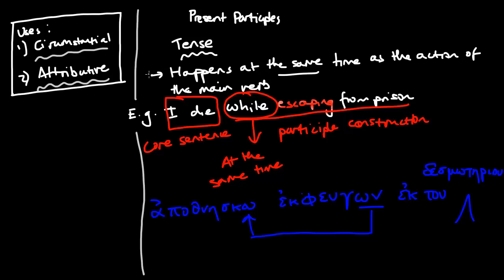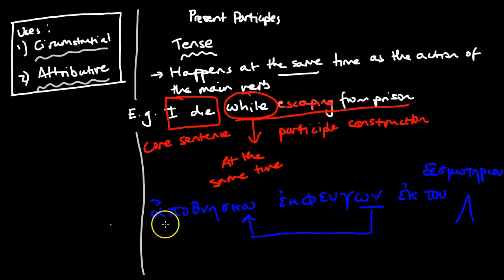Circumstantial is the more general use of the participle, in which we are given an insight into the circumstances of the action of the main verb. And then attributive involves the addition of the definite article into the participle construction to create a who or which clause.